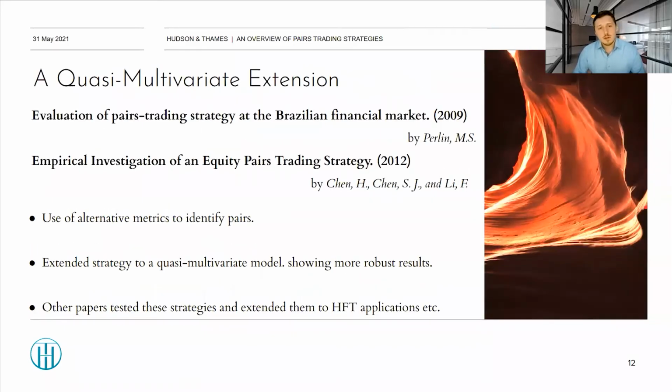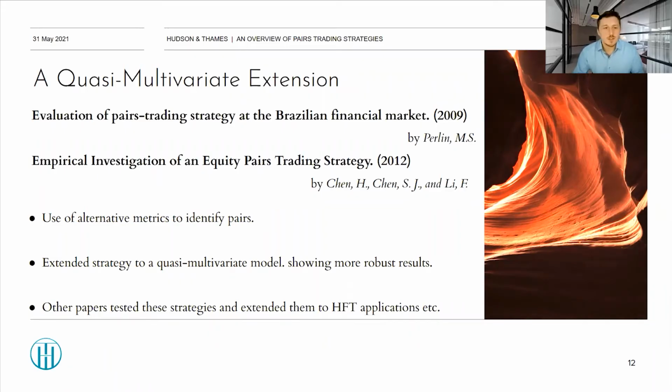Then there is a quasi-multivariate extension. The previous one was the univariate one, and right here, authors propose a set of strategies that would extend this to a quasi-multivariate setting. Essentially, they're using alternative metrics to identify pairs, such as Pearson's correlation and others.